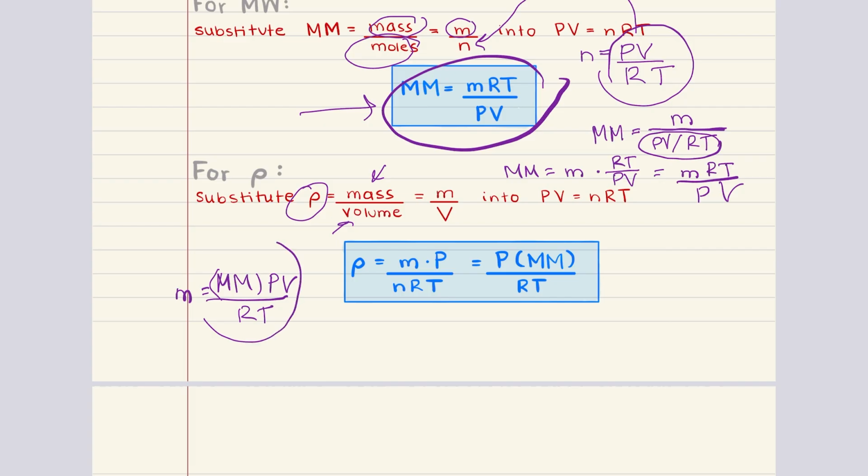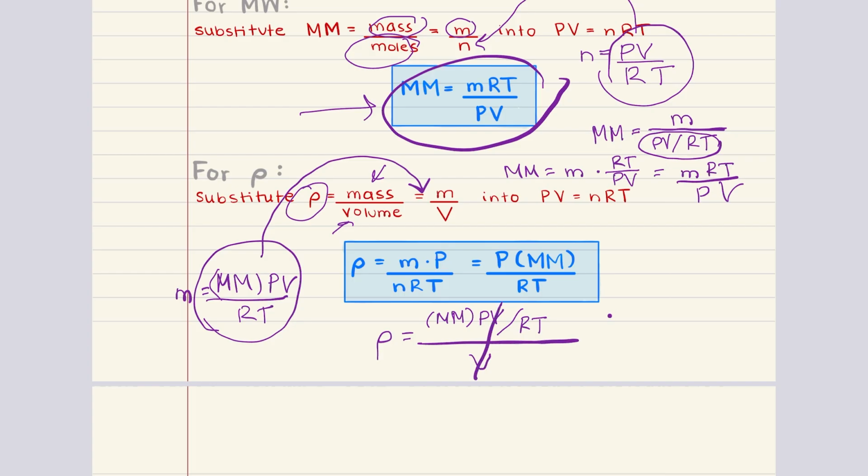And then we can plug this into our density expression. That gets us that density is equal to molar mass multiplied by PV divided by RT, and that's all divided by V. These volume terms are going to cancel out, and we're going to get that density is equal to pressure multiplied by molar mass divided by RT.